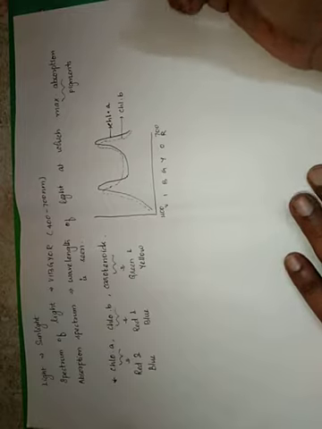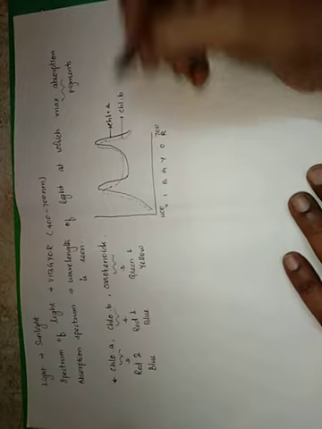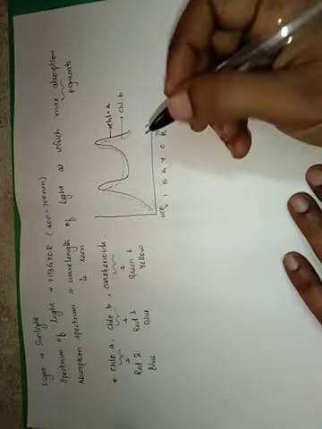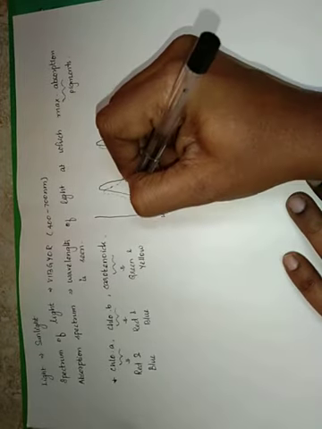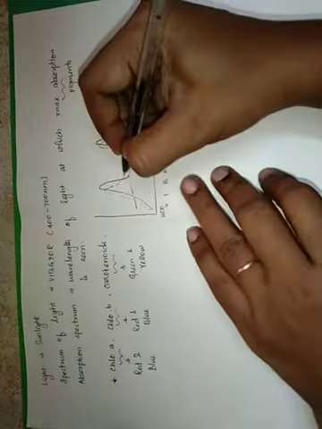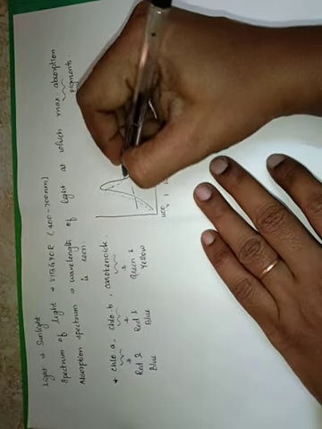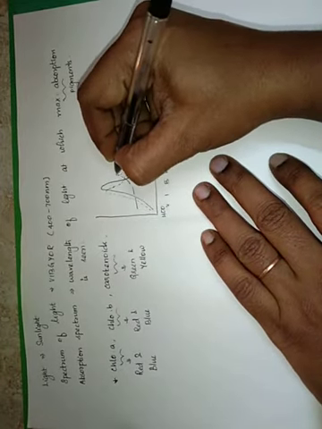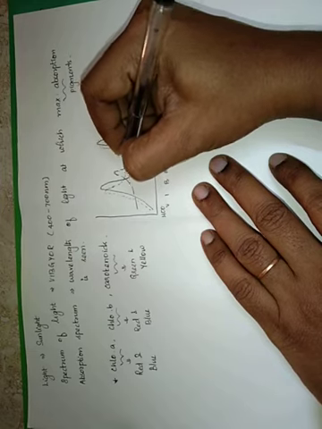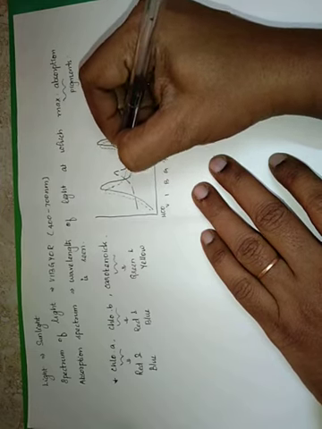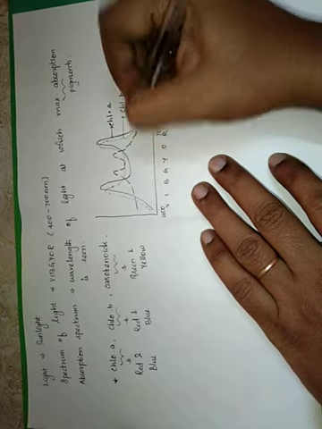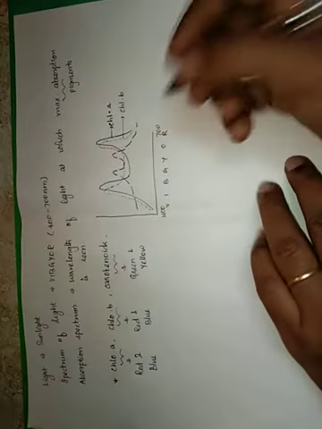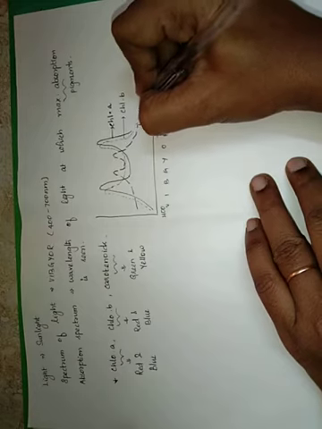And the carotenoids showed their maximum absorption in green and yellow wavelength of light. I am showing it with a different line, a longer dotted line, and they showed their maximum absorption in green and yellow wavelengths of light. So this was for the carotenoids.